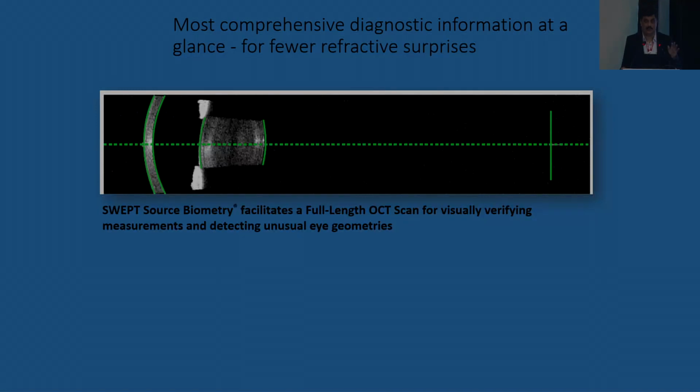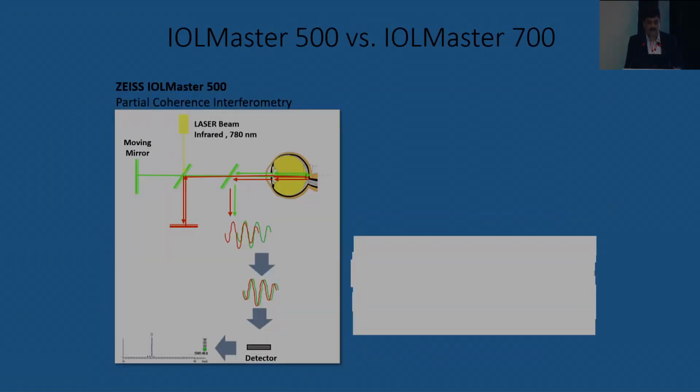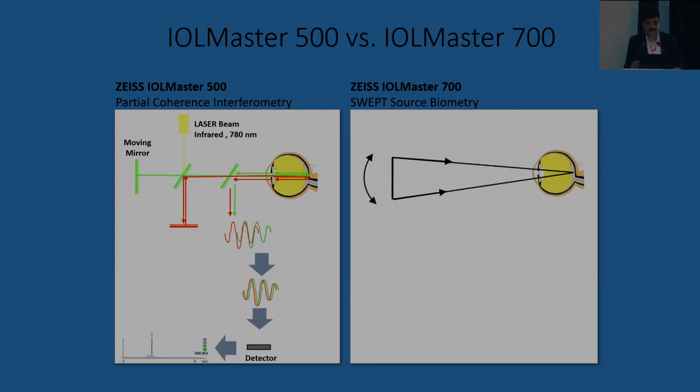So you have to go for a biometer that works on swept source OCT, which gives the full length and lets us get the different geometrics of the eye. This is a comparative study. The Lenstar used to work on the interferometry principle, and the IOL Master 500 worked on partial coherence interferometry.